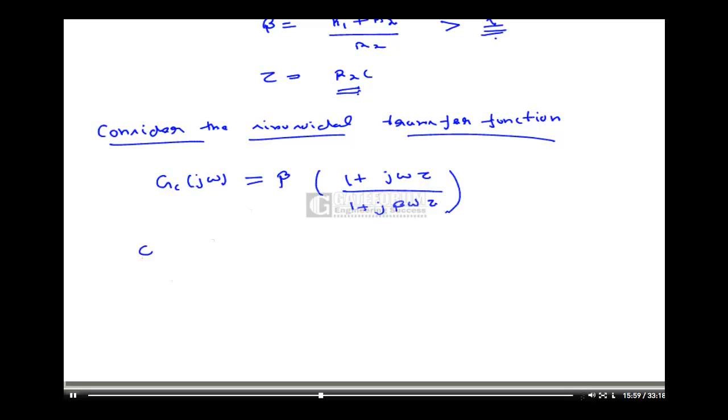Okay, phi in this case is tan inverse omega tau minus tan inverse beta omega tau. Now in this case phi is always negative because beta value is greater than 1.